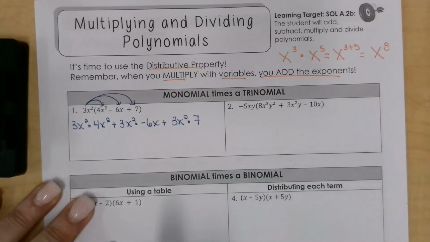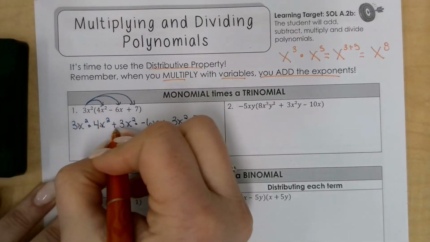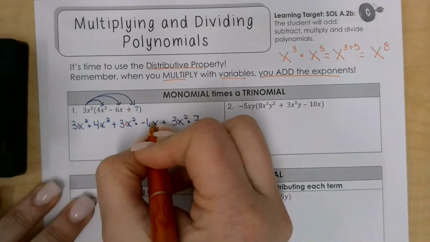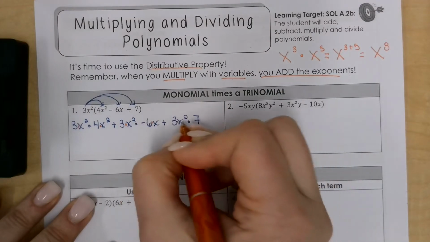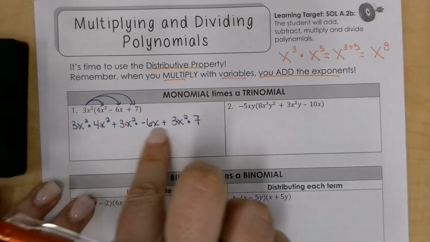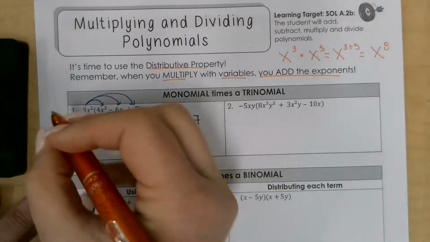Now, this is not necessary, but you can do this. First, I want to recognize here that this is really 3 times x squared times 4 times x squared, plus 3 times x squared times negative 6 times x, plus 3 times x squared times 7. In these little pieces that I'm adding, I can rewrite the multiplication, right? The multiplication is commutative. I can't rewrite everything, but I can do this.